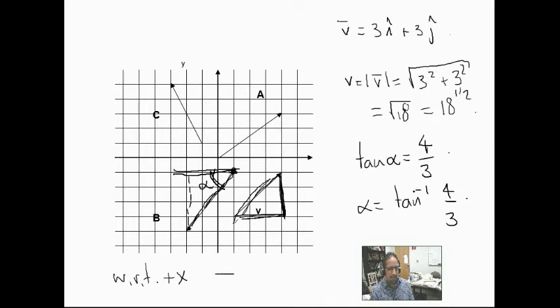We already determined the angle alpha here, but what we're looking for is all this angle. And then we simply say that this angle beta, with respect to the positive x-axis, beta is 180 plus alpha, which is tangent inverse of 4/3.